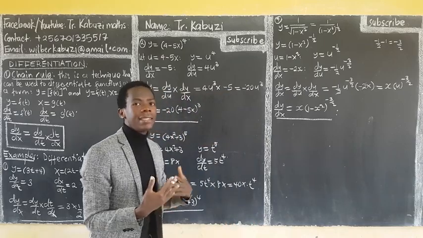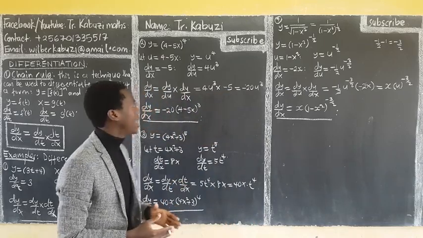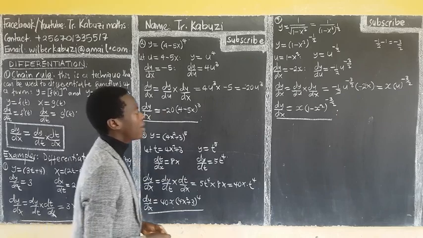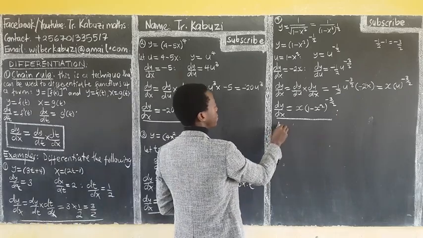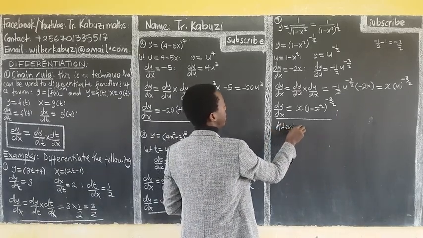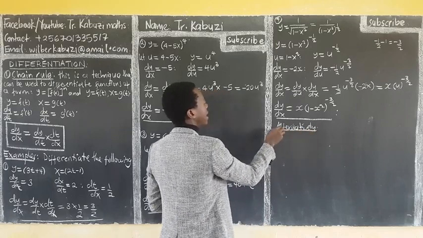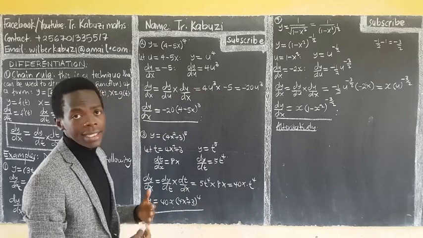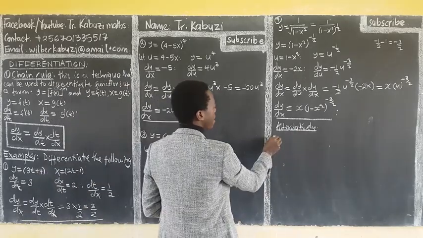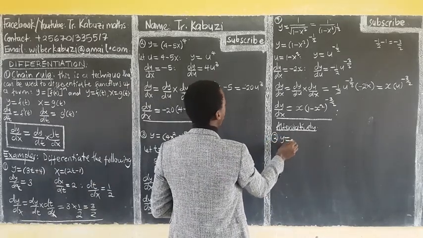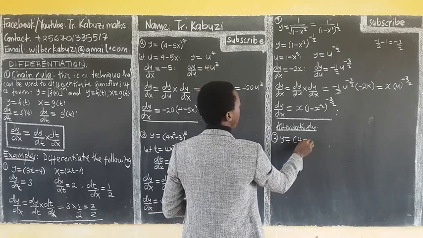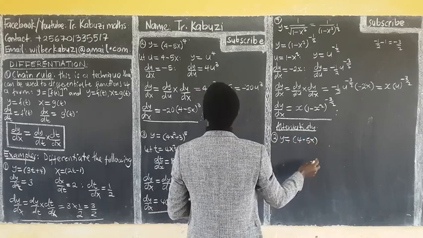Now, there is a simple technique by which you can easily handle this in one step. Look at this alternatively. This is a simplified way of differentiating using the chain rule. In number 2, we had y equal to (4 minus 5x) power 4.